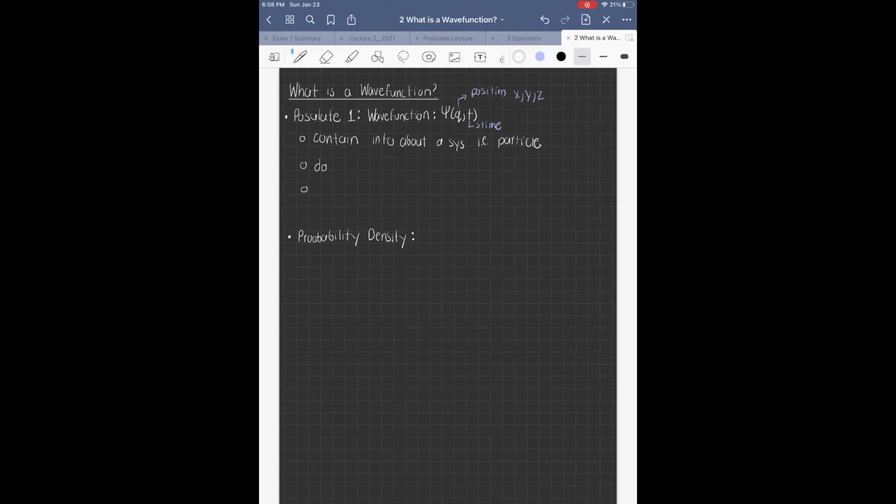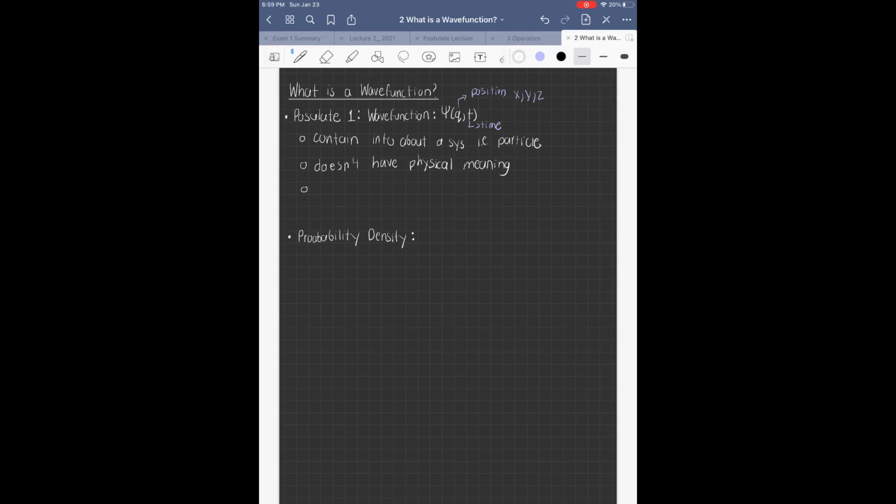It doesn't have physical meaning. If you see a wave function graphed, you're not going to really get anything from the graph.